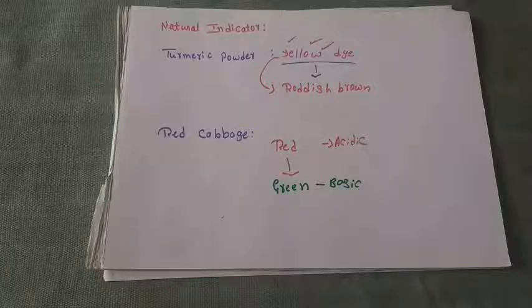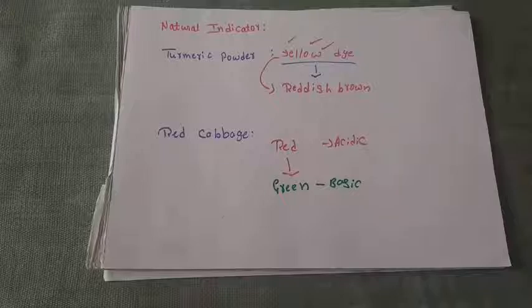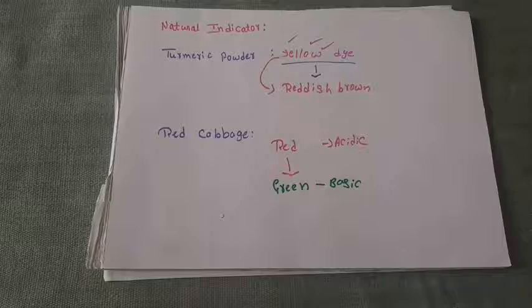If it turns to green color, then the substance you are adding is a base. If it stays red, then the given substance is acid. These three are the natural indicators. First one is litmus paper, second one turmeric powder, third one is red cabbage.